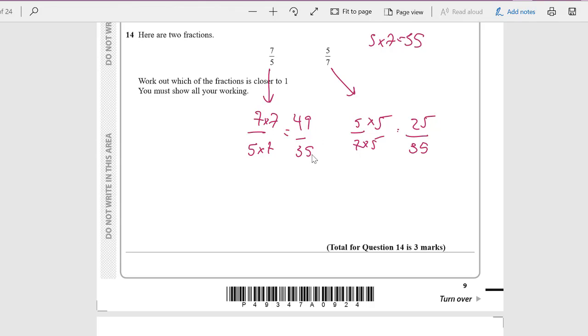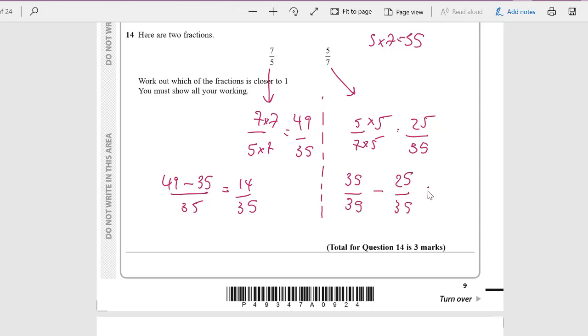Okay, so which one of these is closer to 1? Well, since this is larger than 1, we have to figure out, so 49 take away 35/35 gives us 14/35. And we know that 35/35 subtracted by 25/35 equals 10/35.